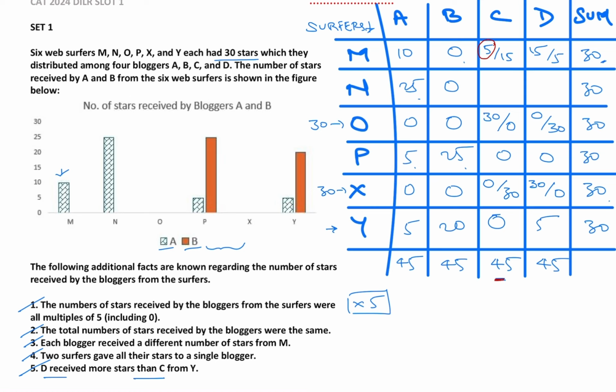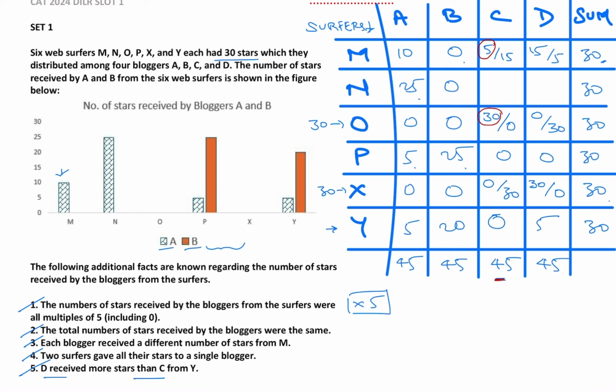Okay, so I can take 30, 30 plus 5, it's still 35. Okay, so this also works. And if 30 plus 5, if I get 35, I need 10 more to reach 45. So that means N will have to give out 10 stars. But is this possible? N has already given 25 stars, so I only have 5 more to give so as to reach my sum of 30. So it is not possible.